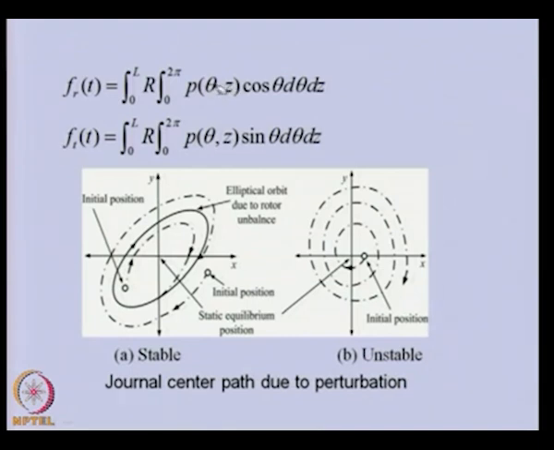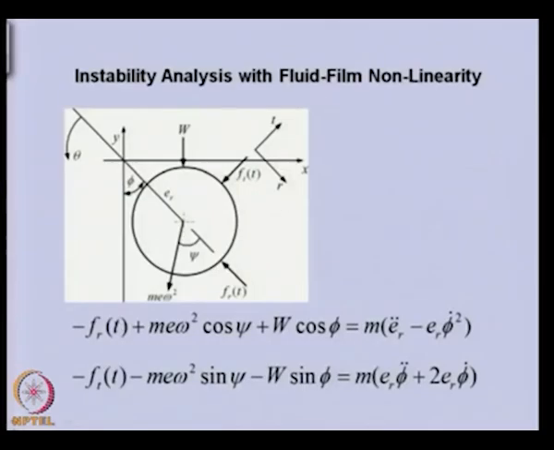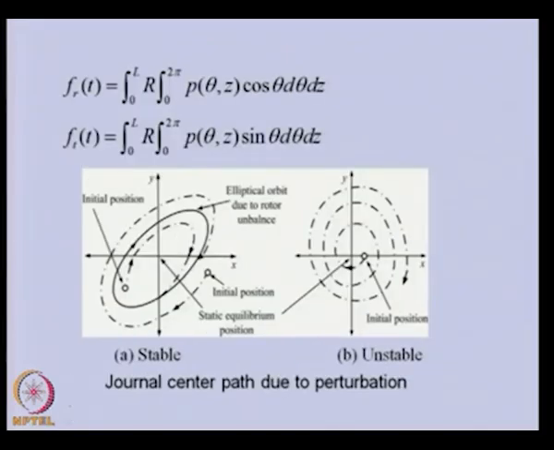The component of this pressure is in the radial direction, and this cos theta we are measuring from this. So, this will give the force in the radial direction and in the tangential direction.